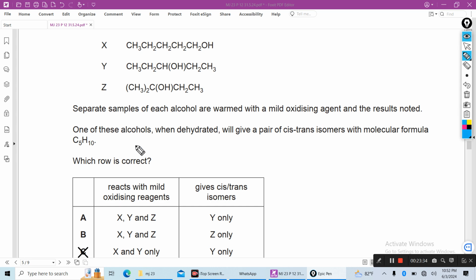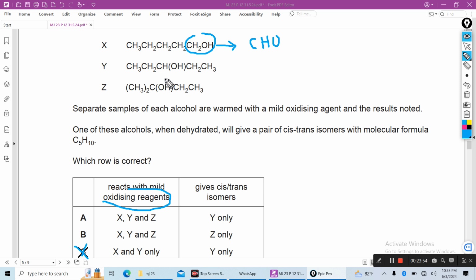C is the right answer. Reaction with a mild oxidizing agent: X is a primary alcohol, so it will oxidize to an aldehyde.